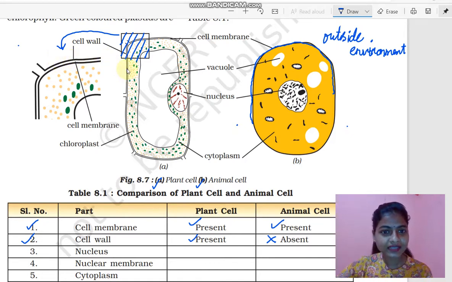The plant cell has a double membrane. Double membrane means it has cell membrane as well as cell wall. The membrane towards the outside environment is known as cell wall, while the membrane towards the inside environment is known as cell membrane.